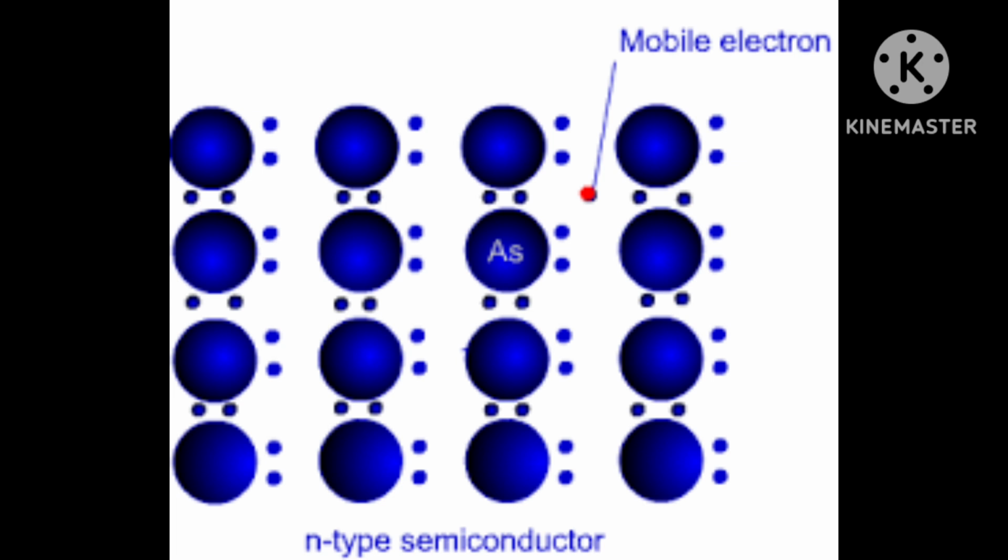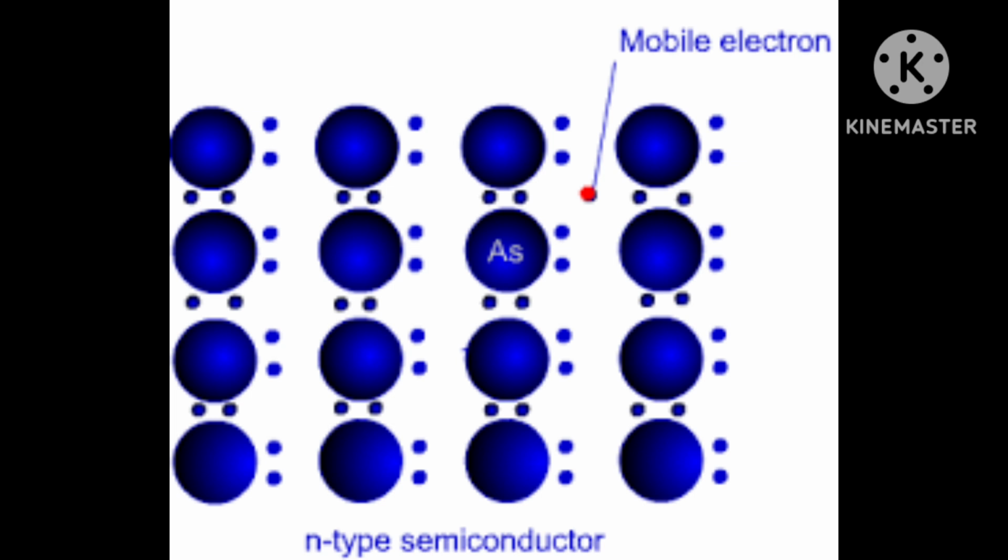Then this silicon or germanium can make 4 covalent bonds with its neighbors. When doped with group 15, means 14 and 15, first to understand, when doped with a group 15 element like phosphorus or arsenic, P phosphorus, As arsenic, which contain 5 electrons.